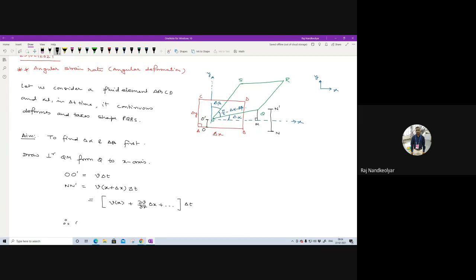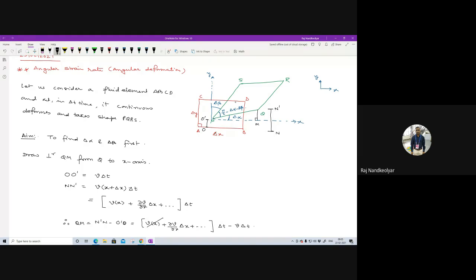What is qm? Qm is n prime n minus o prime o, equal to vx plus del v del x delta x plus and so on, times delta t, minus v delta t.